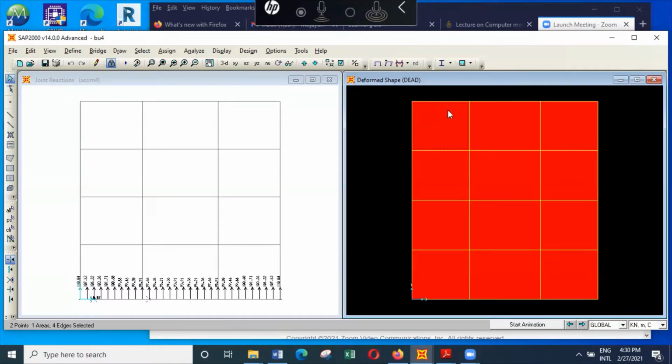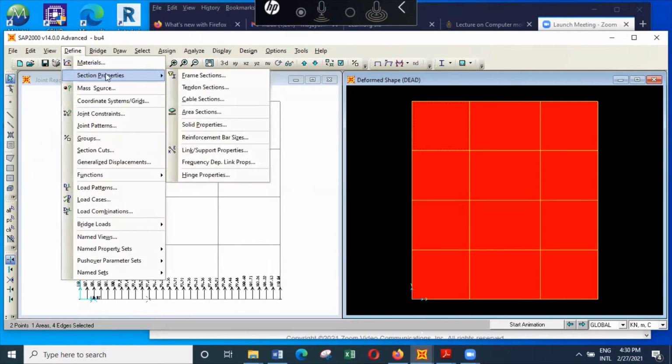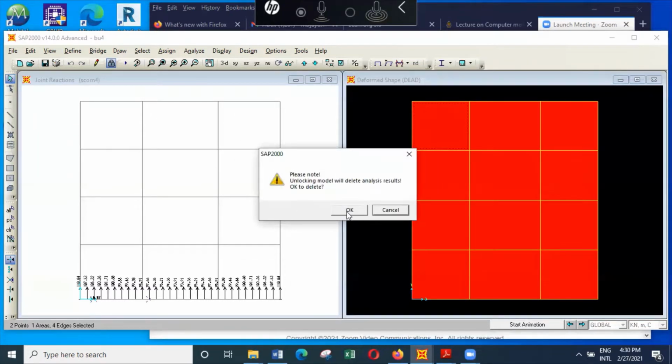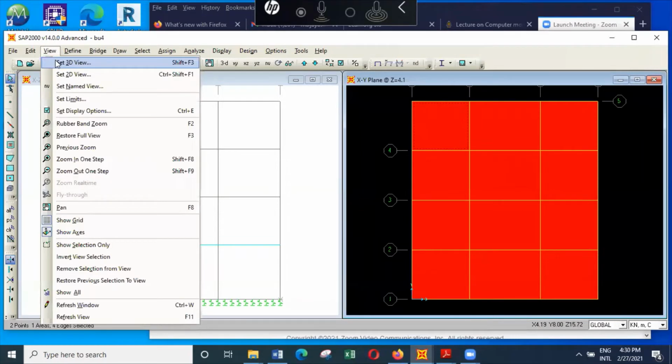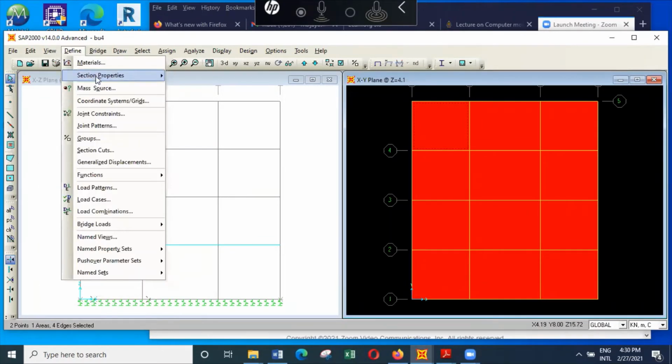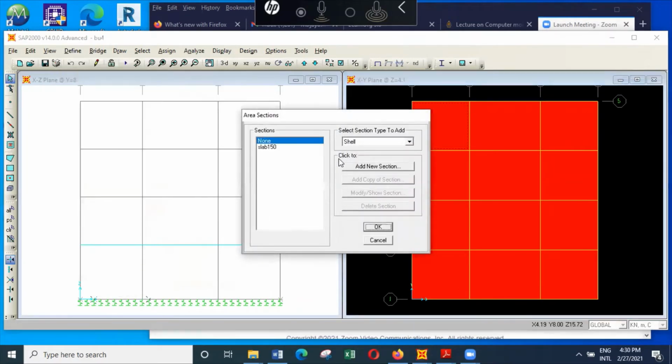But when you consider the slab is connected to the beam, the stiffness of the beam will increase. So to compensate for that, go to the section properties of the area section, Define, Area Sections.